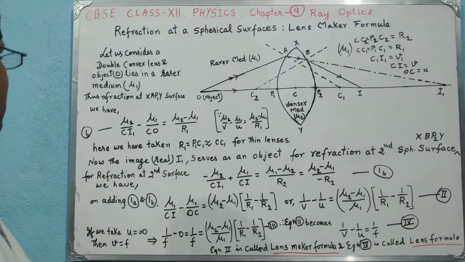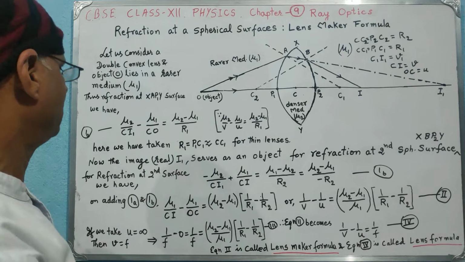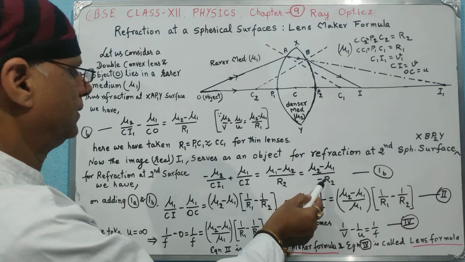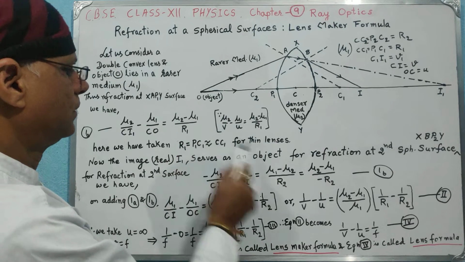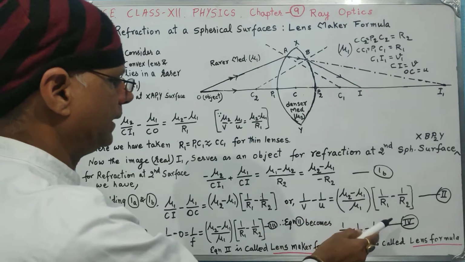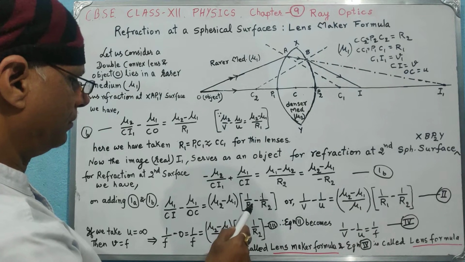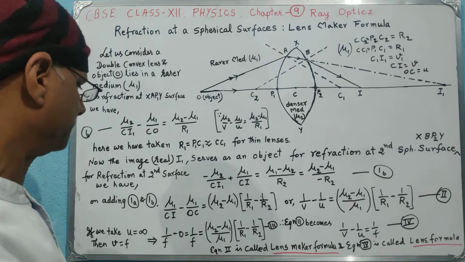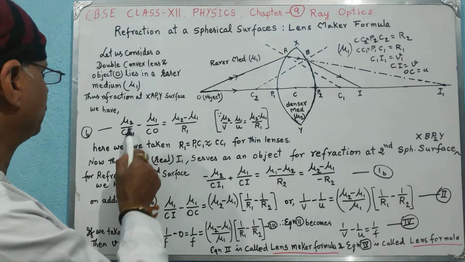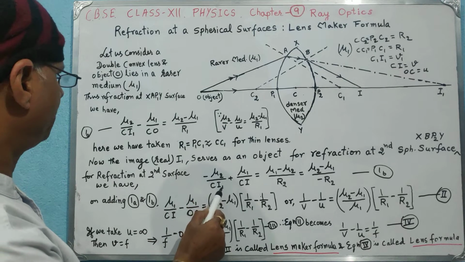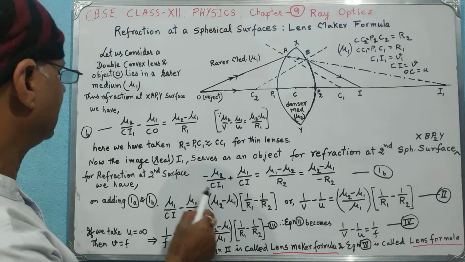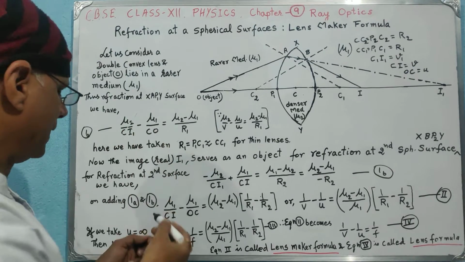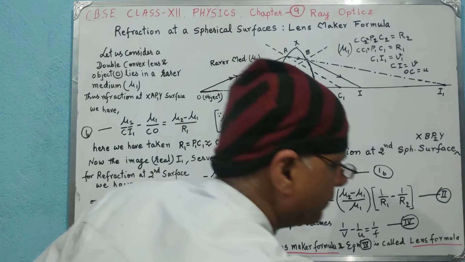On adding these two equations, equation 1a and equation 1b, what you see is, here you have mu2 minus mu1 common in these two expressions, so 1 by R1 minus 1 by R2 will remain in the bracket, and that's what we got here. Now here you see mu2 upon CI is negative here and positive here, so on adding they cancel each other.